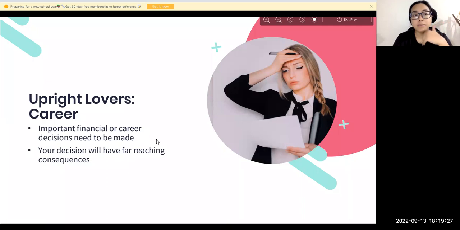Maybe at this point of time you are supposed to make a very important financial decision, and now the time has come to do it. But when you are making that decision, make it from the point of what your heart really wants, what you truly desire, and do not rush into any decision.